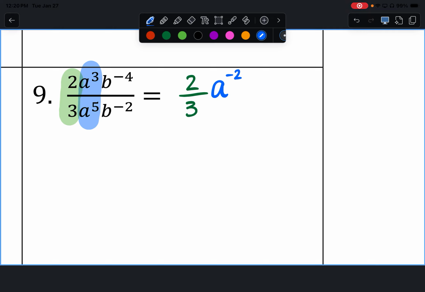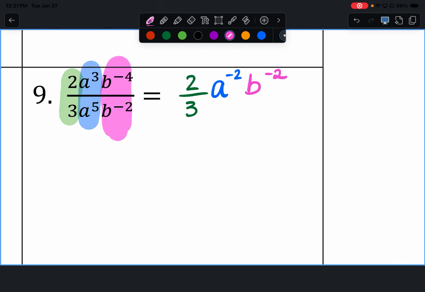Whenever we say b to the negative 4th divided by b to the negative 2, we're subtracting, but we're subtracting a negative number, which means you add. So we get b to the, because it is negative 4 minus negative 2, which is negative 4 plus 2, which is negative 2.